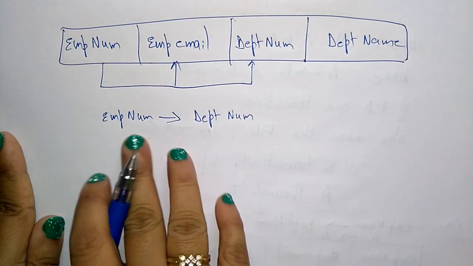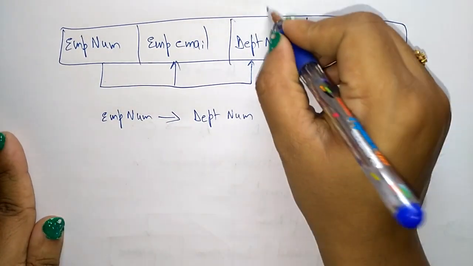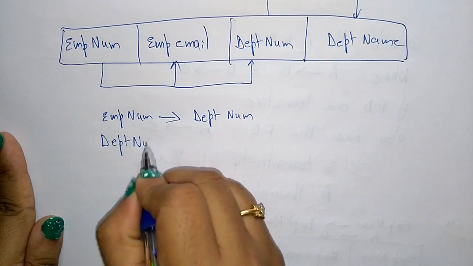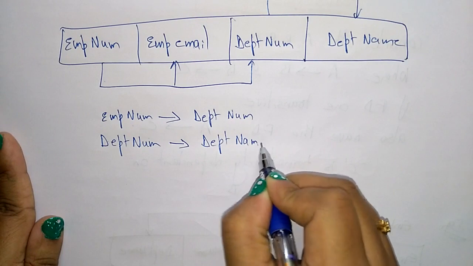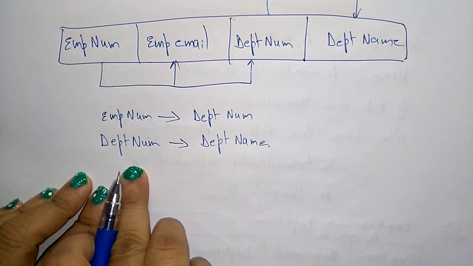So I am just writing employee number determines department number, and department number determines department name. So this depends upon this, and this attribute depends upon this.